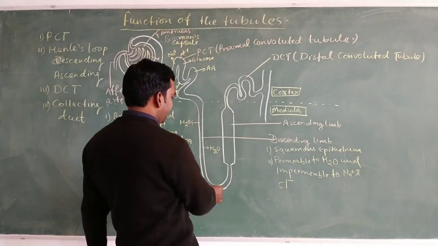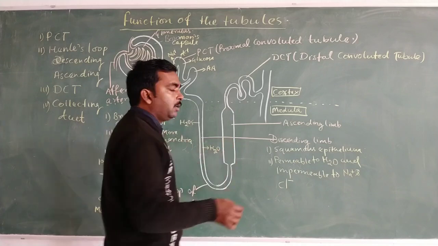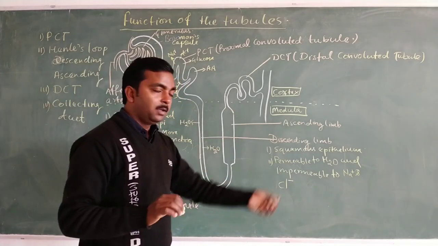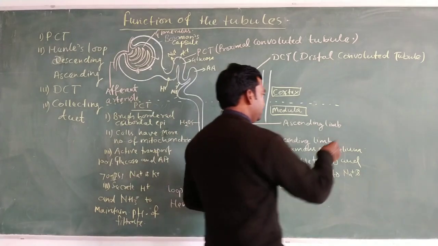Then after the descending limb, it goes upward in the ascending limb.